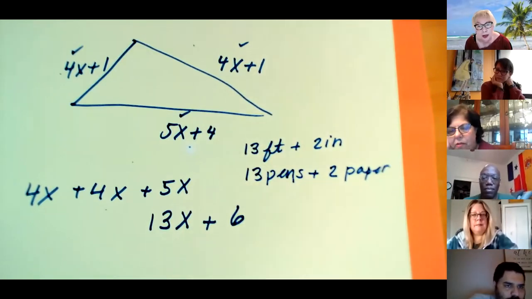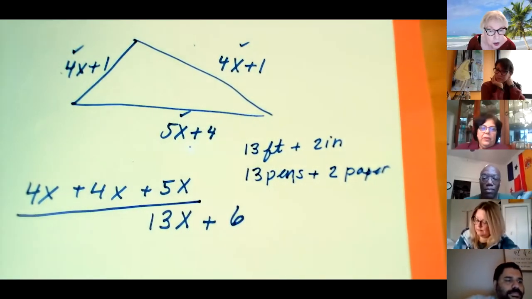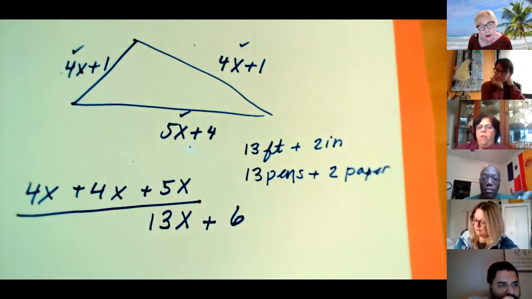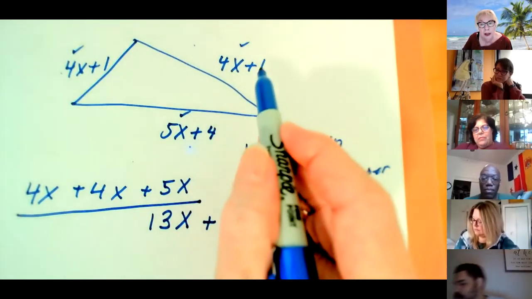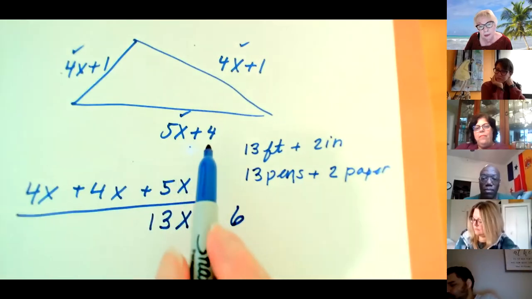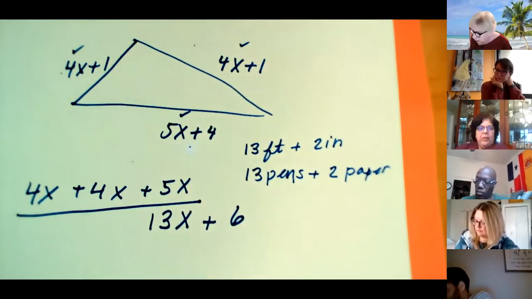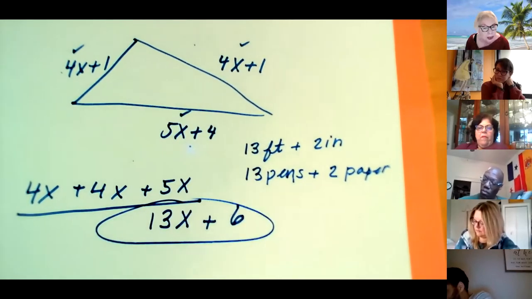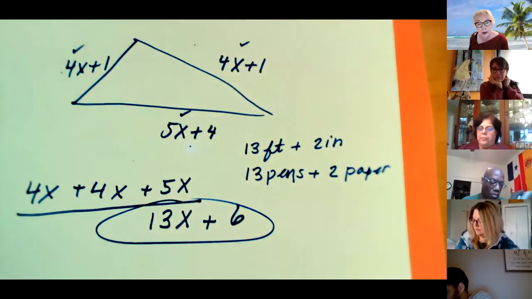And this was the point I tried to make at the very beginning. When you add, the assumption is you're adding like things. And so all of those X's are alike. And so I put them together and called them 13X. And then the plain numbers were alike. And so I added those together. There's nothing more I can do but say this is the total of what I have. Is that okay with you?